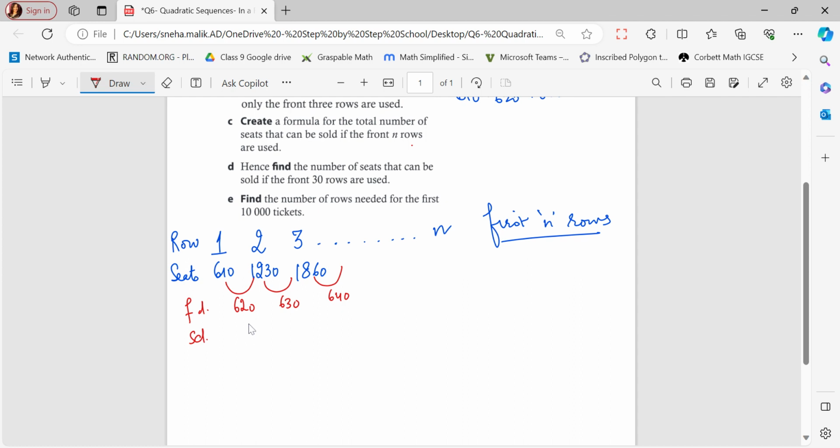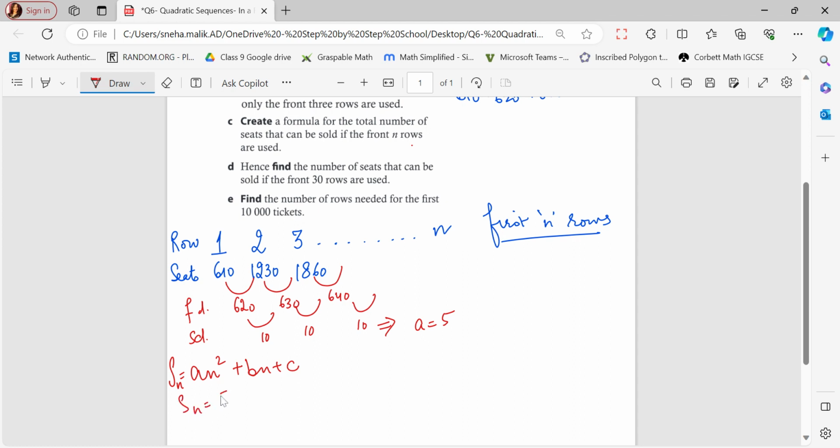But if I take out the second difference, that is 10, 10, and 10, that means this is a quadratic sequence. It is of the form an square plus bn plus c. If my second difference is 10, that means my a is 5.